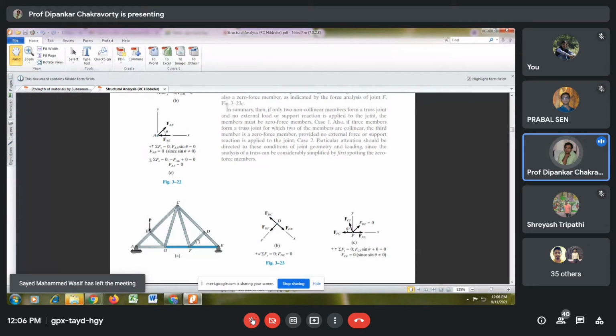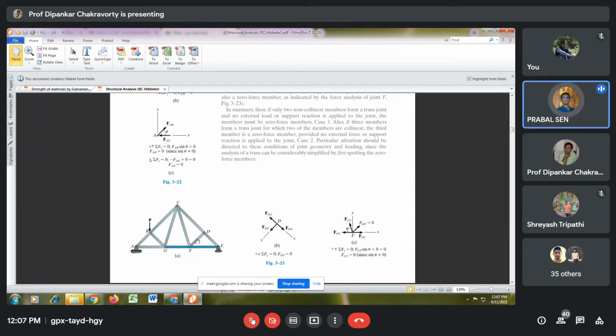So FD is not there. Then CF will be a zero force member. Why? Similarly, if FD is not there, and CF applies a force on the GE member, that cannot be stable.